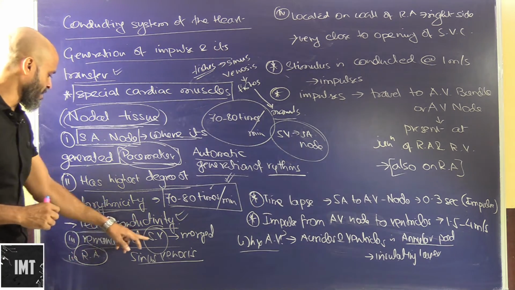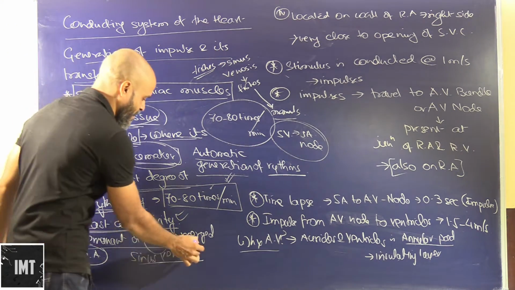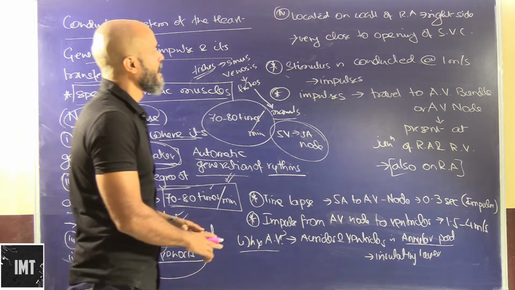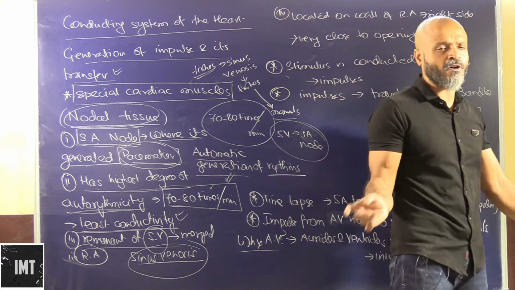So the remnant of sinus venosus in the right atrium basically forms the sinoatrial node. It is located on the wall of the right atrium on the right side.